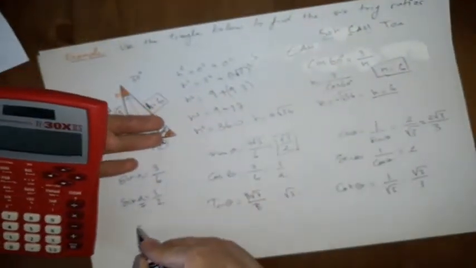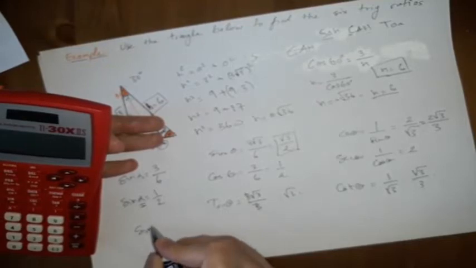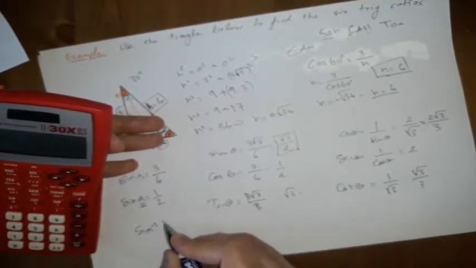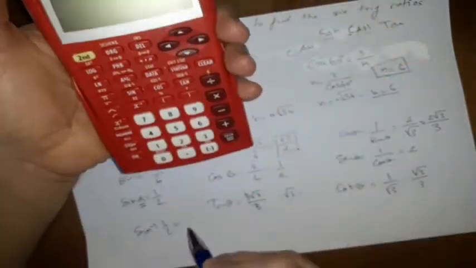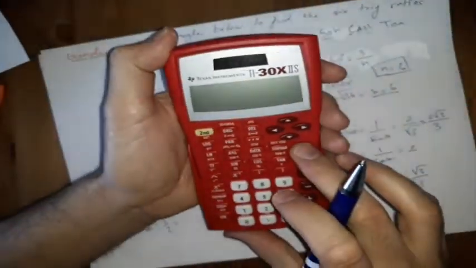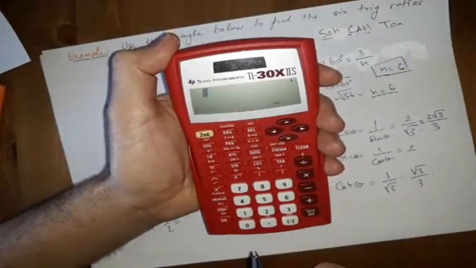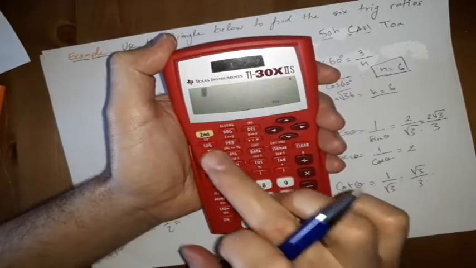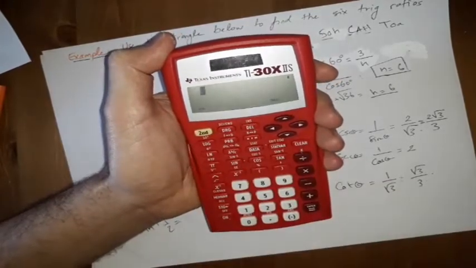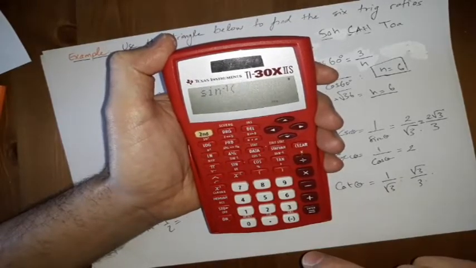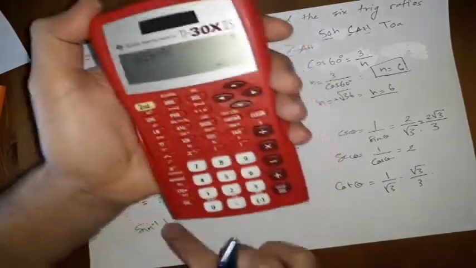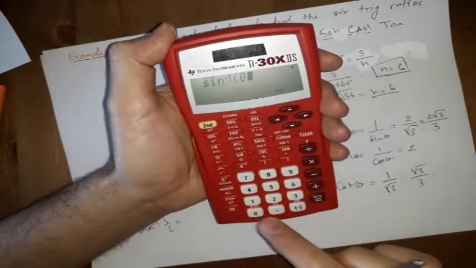So here we can say sine to the power of -1 of 1 over 2 equals what? We're going to find alpha. Here we go. I don't know if you can see it. You just press the second function and put sine to the power of -1 of 1 over 2, which is 0.5.